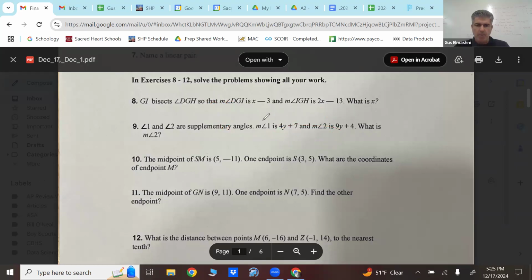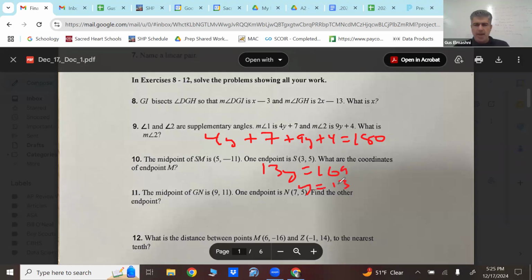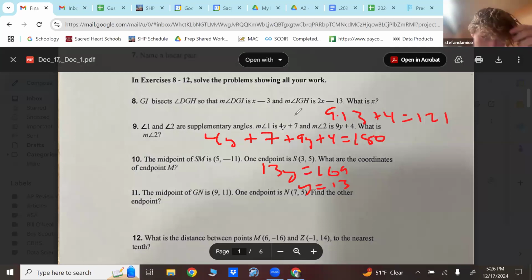For 9, if they're still going to add to 180, you should get 13 if you use a calculator. And then angle 2 would be 121, I think.